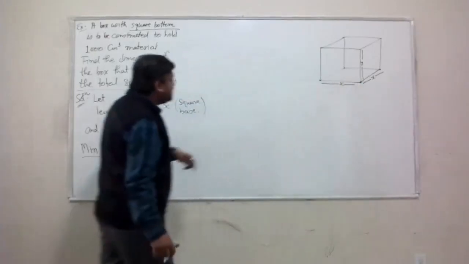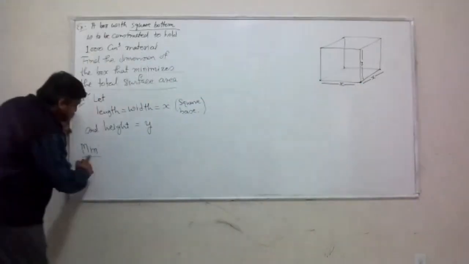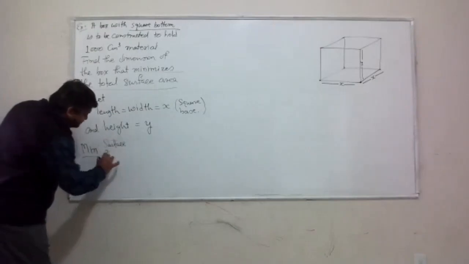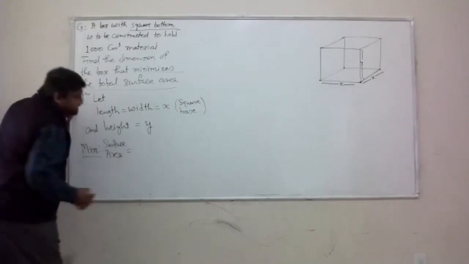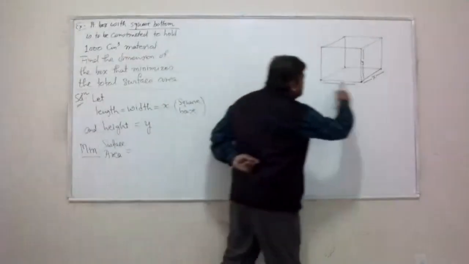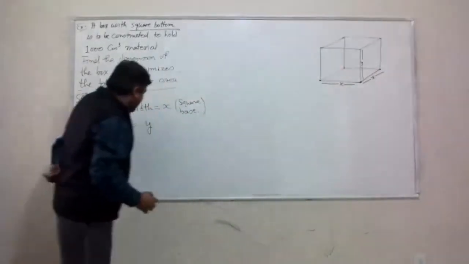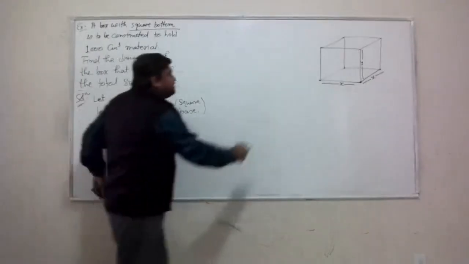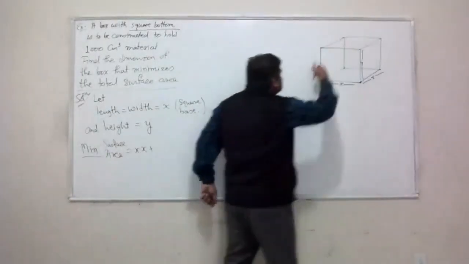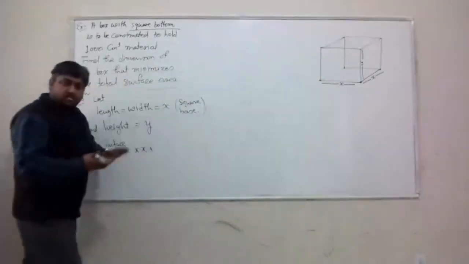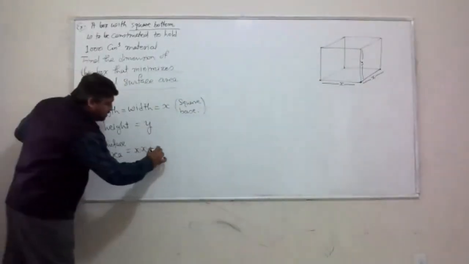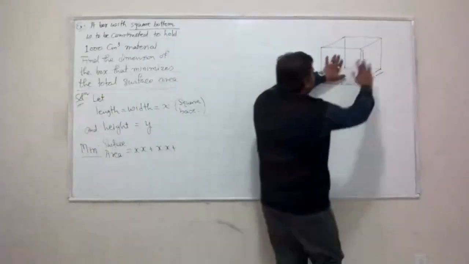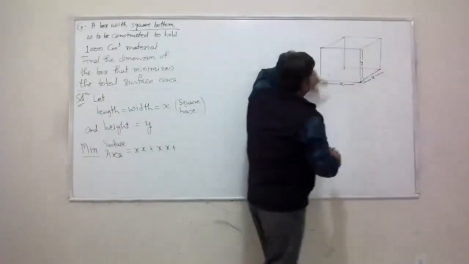So this is what I would like to do. I want to minimize surface area. There are 6 surfaces. Area of the base is x times x. Area of the top surface is also x times x, because bottom and top, they are of the same area. And what's the area of these 4 surfaces, right?